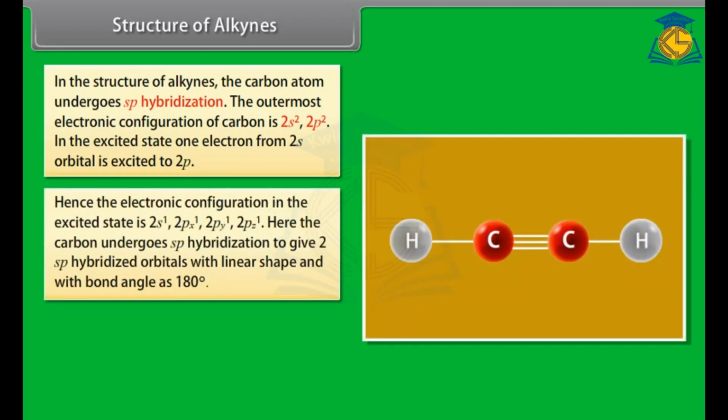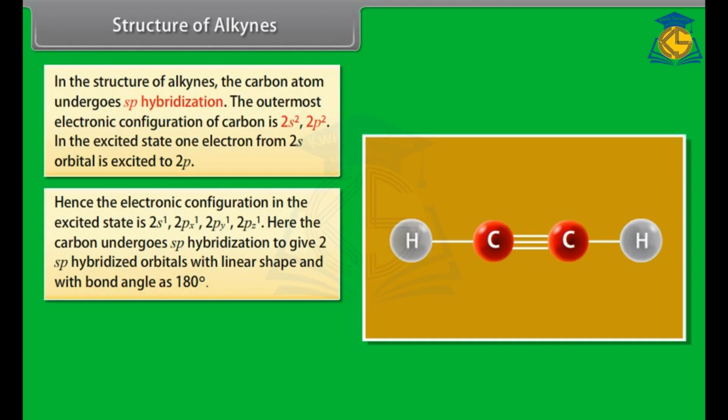Structure of alkynes. In the structure of alkynes, the carbon atom undergoes sp hybridization. The outermost electronic configuration of carbon is 2s2 2p2. In the excited state, one electron from the 2s orbital is excited to 2p. Hence, the electronic configuration in the excited state is 2s1, 2px1, 2py1, 2pz1.